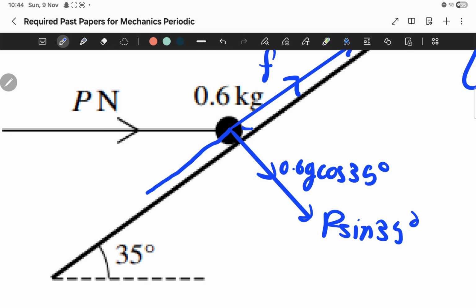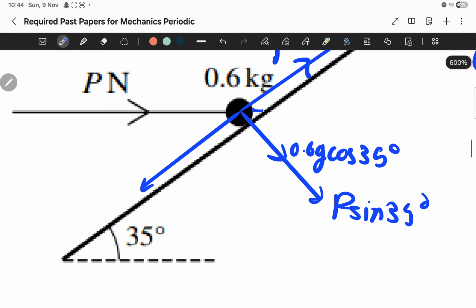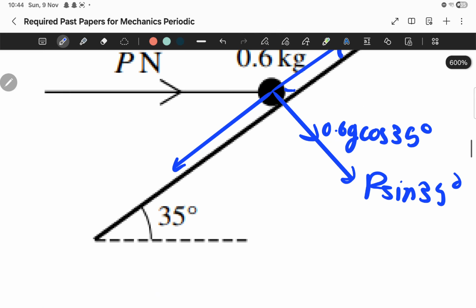Since it's in limiting equilibrium, these two will be equal. So this arrow here is equal to this arrow here. Imagine them equal. They're obviously not equal at all. So 0.6 g sine 35 degrees.